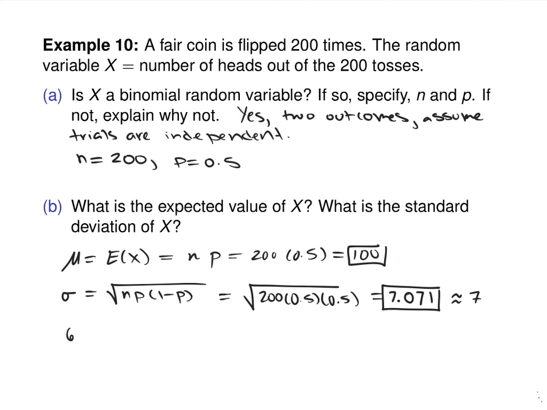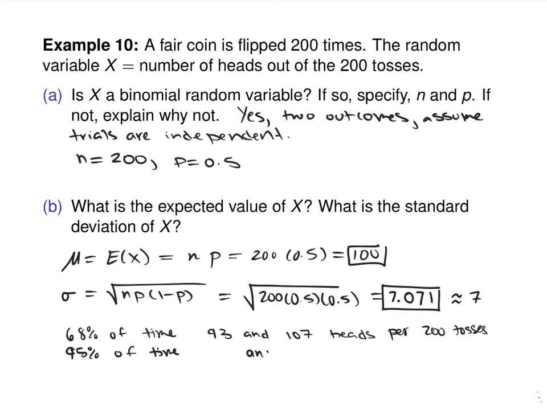Using your empirical rule, 68% of the time, you're going to have between 93 and 107 heads per 200 tosses. 95% of the time, you're going to be between, so 93 minus another 7 would give us 86 to 114.